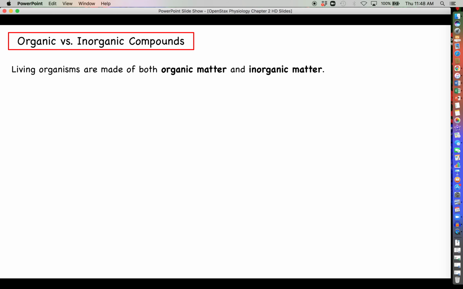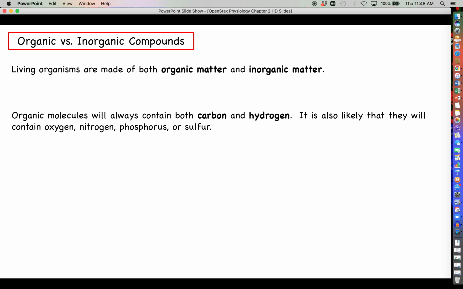The first thing to understand is that living organisms are made up of both organic matter and inorganic matter. You might think of yourself as just purely organic matter, but you'll see that once we define these things, that's not the case. An organic molecule is one that contains both carbon and hydrogen at the same time. So, an example of this might be oil, right?